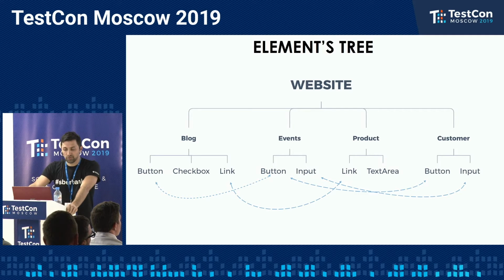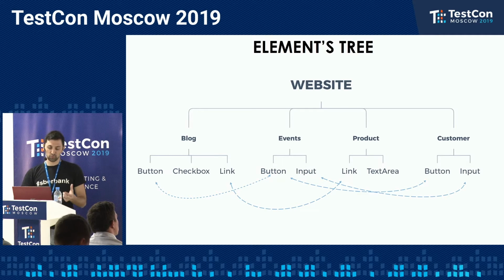Your page has different layers, different components, buttons, checkbox, links. And this approach is good because you can describe in your code once an element, a button, a checkbox, text area, whatever, that will be covering a lot of different buttons in your site.